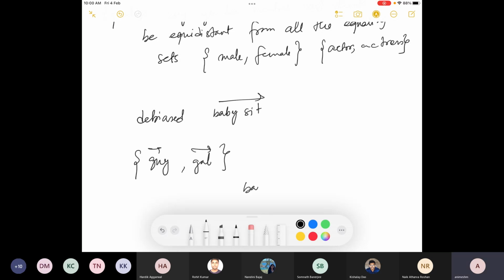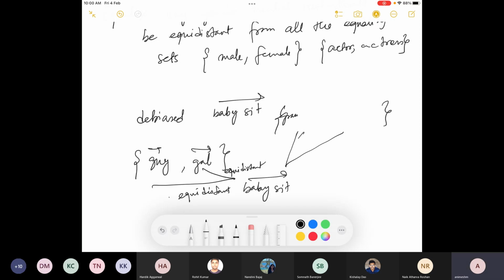Now babysit, after it has been debiased, should be equidistant from both guy and gal. Similarly, babysit should be equidistant from grandmother and grandfather.